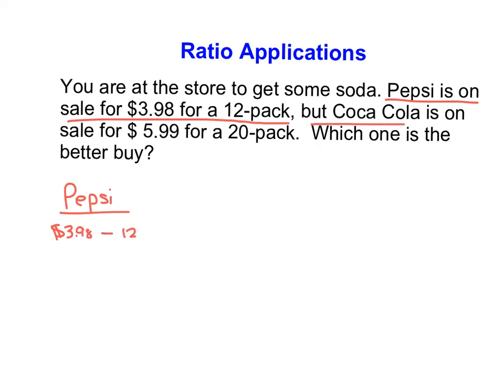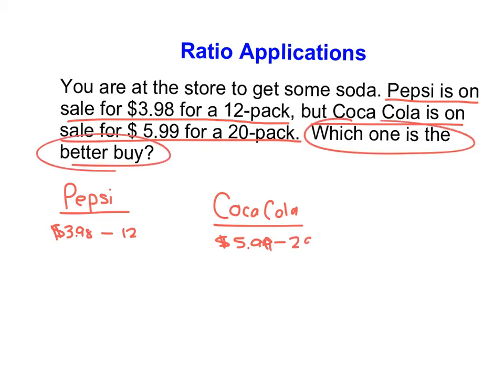Then you have Coca-Cola on sale for $5.99 for a 20. So we have Coca-Cola on sale for $5.99 for 20. So I have to figure out which one is the better buy, which honestly is a pretty true situation that you run into when you run to the grocery store.